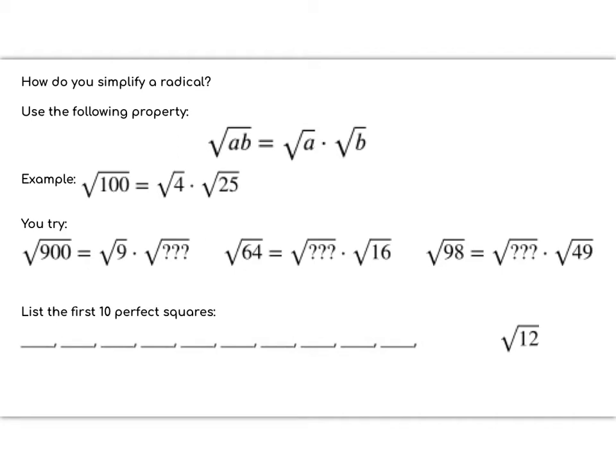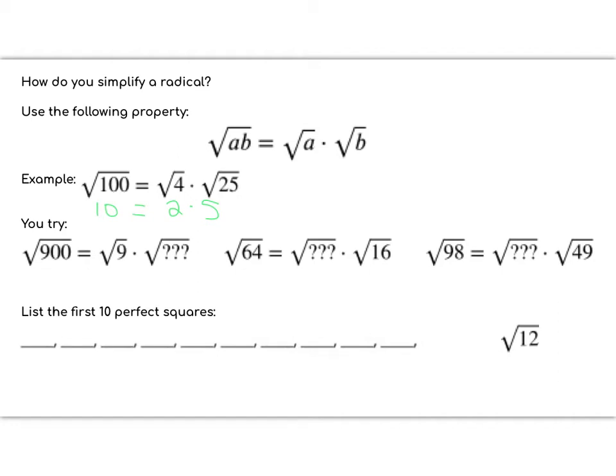So I can write that as the square root of 4 times the square root of 25. And you can check that and see that it works. You know that the square root of 100 is 10. And you also know that the square root of 4 is 2, and the square root of 25 is 5, and 10 is 2 times 5.